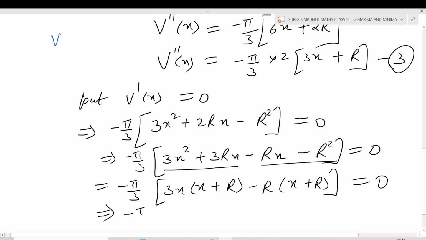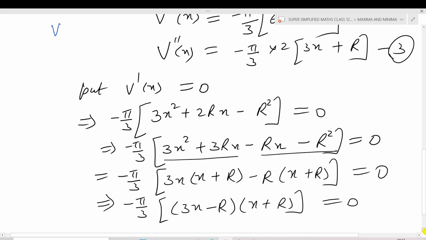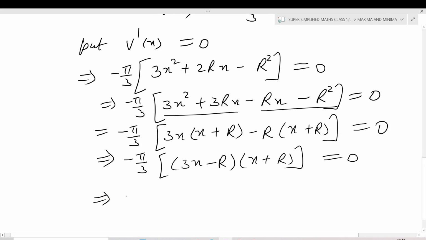That gives me minus pi by 3 cannot be 0, and therefore either this is 0 or this is 0. So that means either 3x minus r is 0 or x plus r is 0. If 3x minus r is 0, this gives you x is equal to r by 3. And if x plus r is 0, it gives you x is equal to minus r.